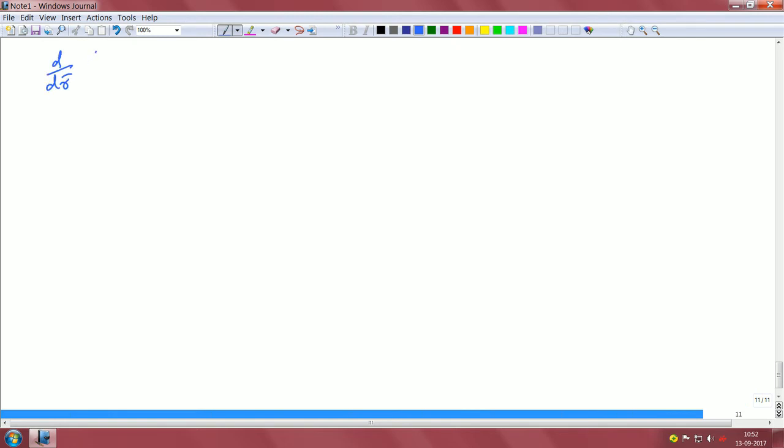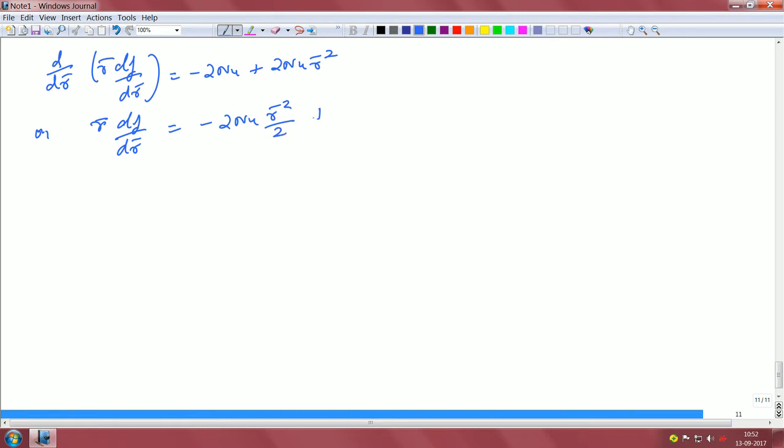So, df by dr bar is equal to 0 at r bar equal to 0, right.